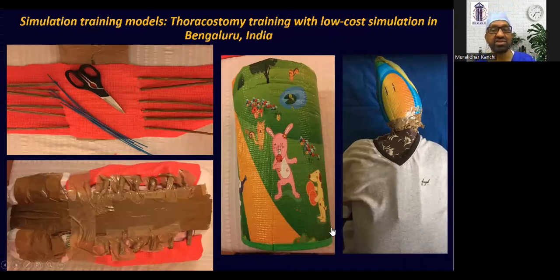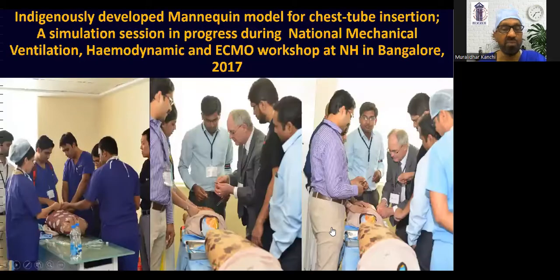This artificial chest can be prepared using the material shown here. These were all made for the workshop, and it was a tremendously successful demonstration of insertion of a chest tube in an indigenous model of pneumothorax.